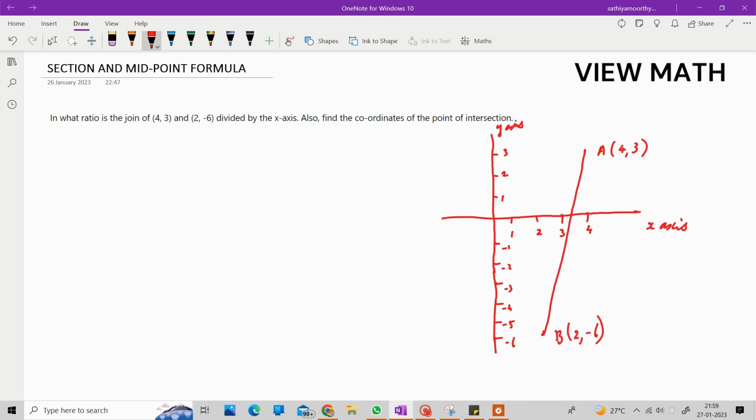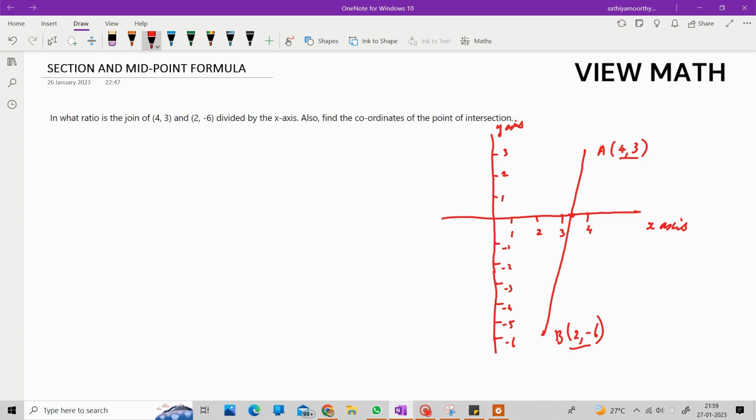Now what they're asking us to find out is in what ratio the join of (4, 3) and (2, -6) is divided by the x-axis. Now this is the x-axis. So the line AB is being divided by the x-axis at this point. They're asking us to find the ratio.